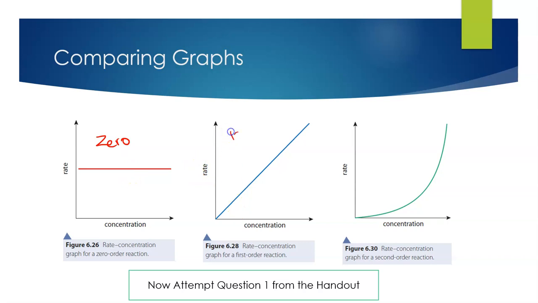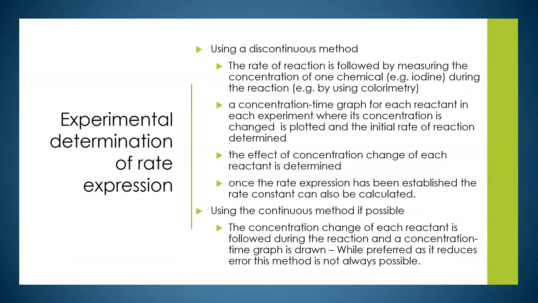Here we have a first order because the rate and the concentration are directly proportional to each other. If I increase the concentration, the rate increases by the same proportion. And then this is going to be a second order because I have an exponential relationship. The rate will increase fourfold with a doubling in concentration due to the squared nature. So the rate is squared each time I change the concentration.